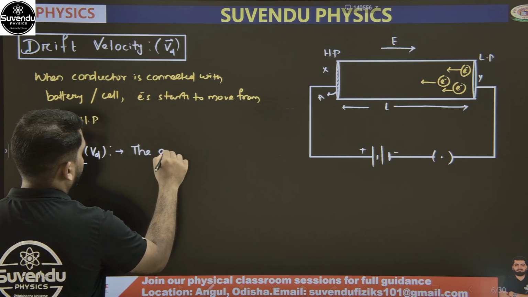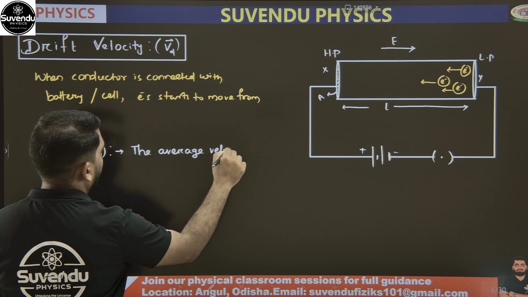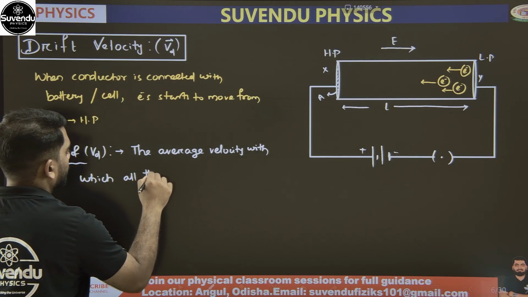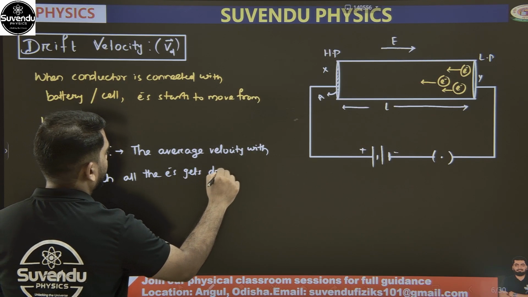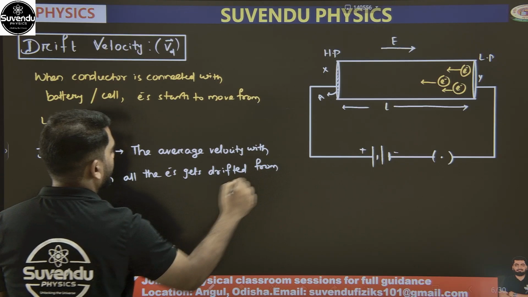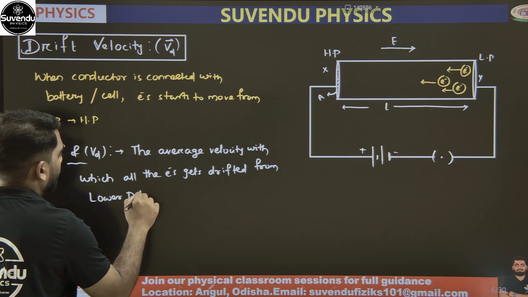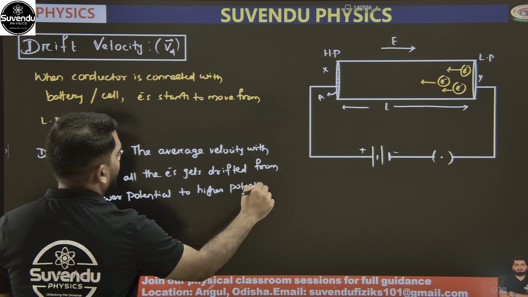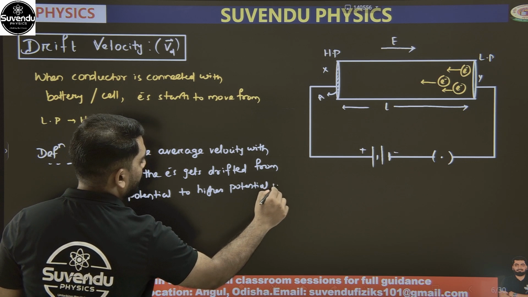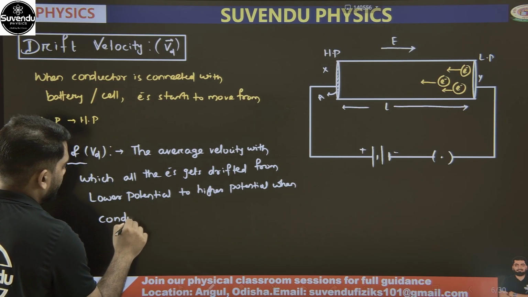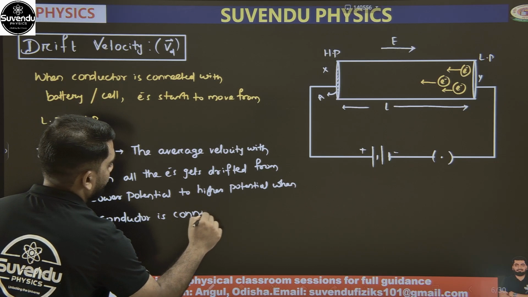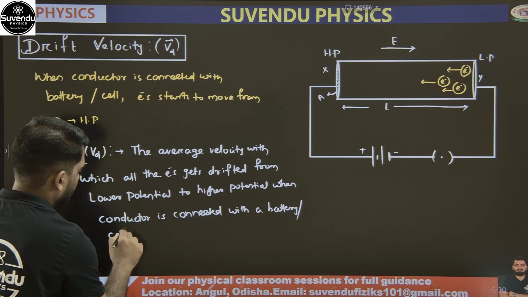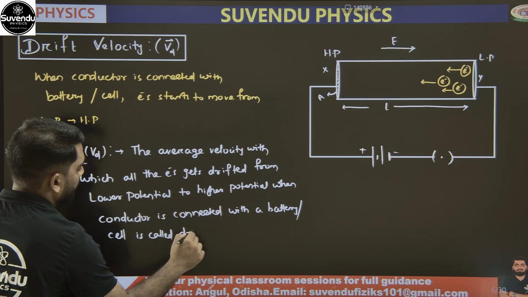The average velocity with which all the electrons get drifted from lower potential to higher potential when the conductor is connected with a battery or cell is called drift velocity.